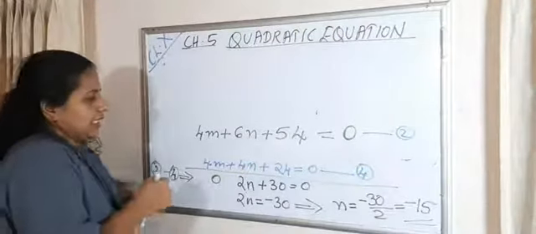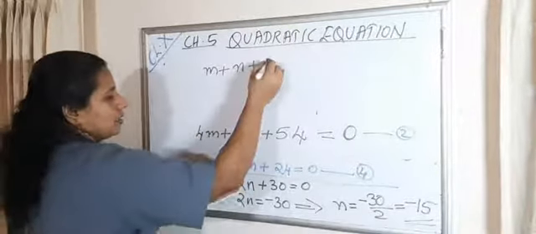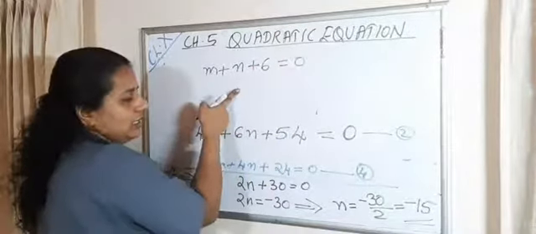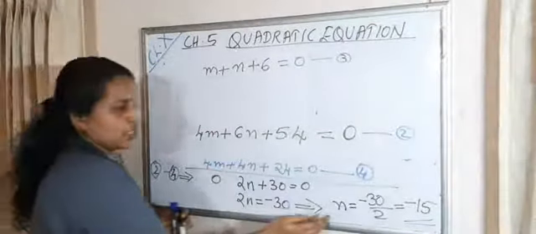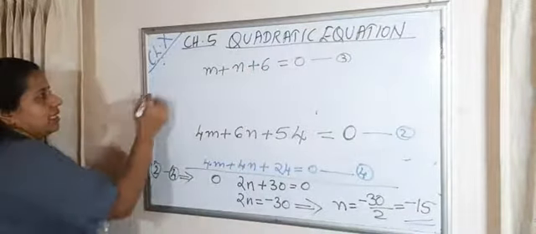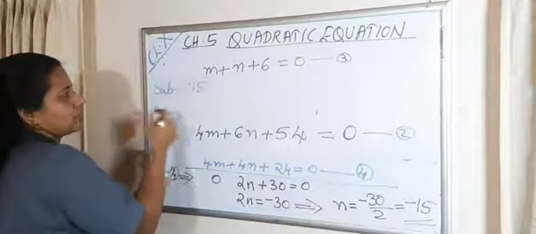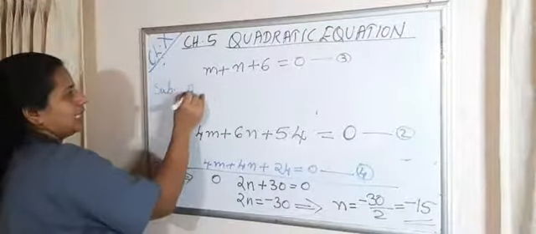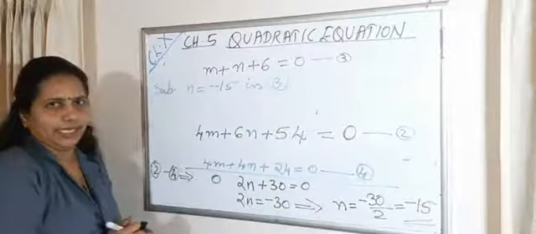Then what was your third equation? m plus n plus 6 is equal to 0. That was your third equation. So do one thing, substitute the value of n in equation number 3. Substitute n is equal to negative 15 in equation number 3.